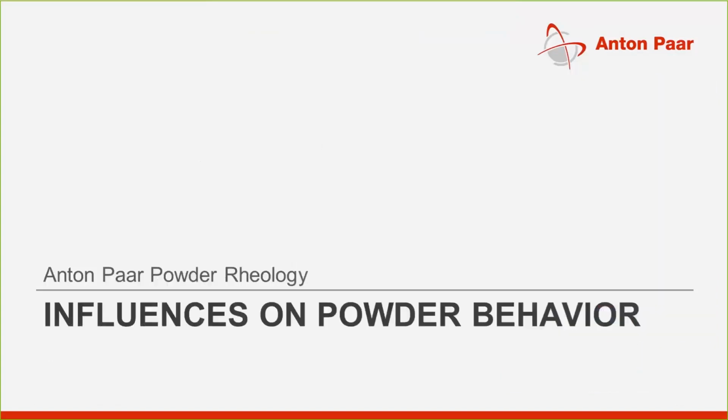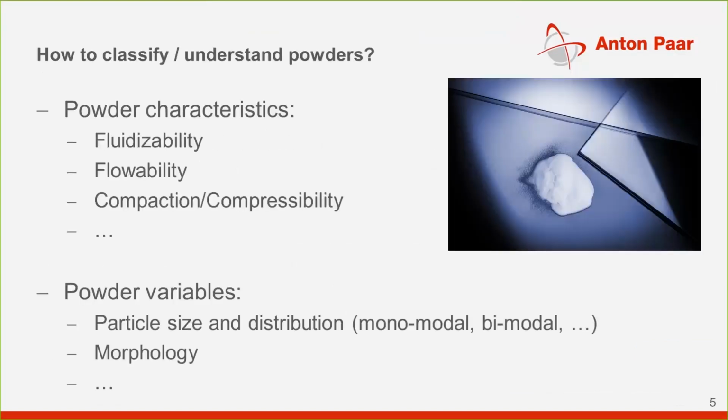So what we already saw the last time, quite a lot of different influences on powder and the way they behave. The question is, if you're processing powders or handling powders, how can you study this behavior and what will influence the behavior? If we look at how we can look at powders, there are basically two ways.